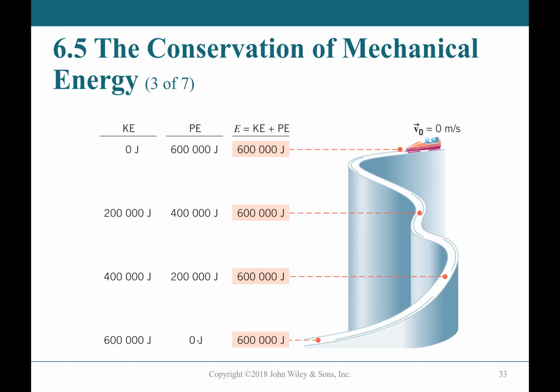So all of my potential energy has been converted into kinetic energy. So that's why we said that the energy is neither created nor destroyed, it is transferred. So this is just a simple picture to show you the transfer of energy.